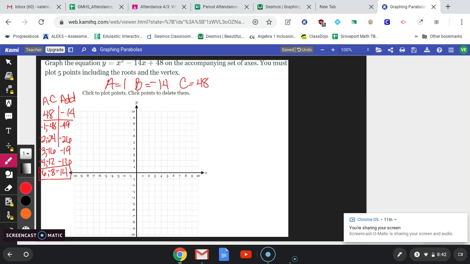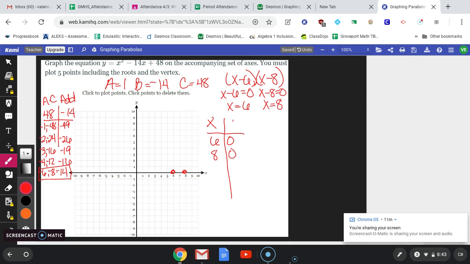So this is it right here. So we have x minus 6, x minus 8. Set them both equal to 0. So x equals 6, and x equals 8. So that is going to be our points right there. So that's going to be 6, 0, and 8, 0.